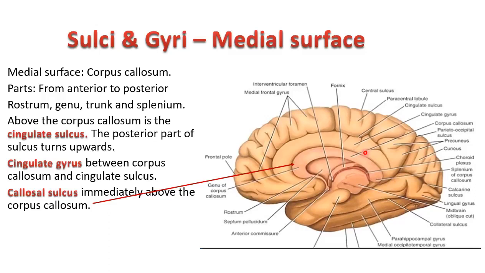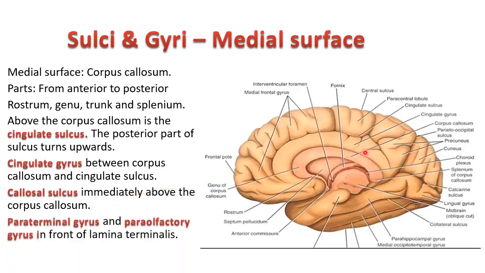We will come to association fibers in the white matter of the brain later. Then the paraterminal gyrus and parolfactory gyrus you see in front of the lamina terminalis, because from the rostrum you can see a thin band of white matter called the lamina terminalis, and within that the anterior commissure.